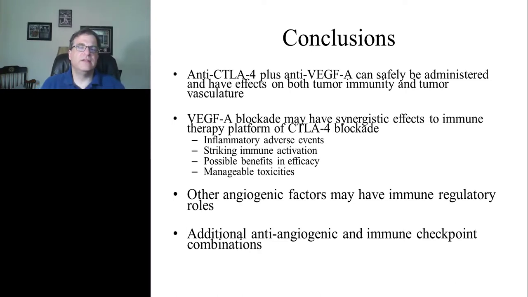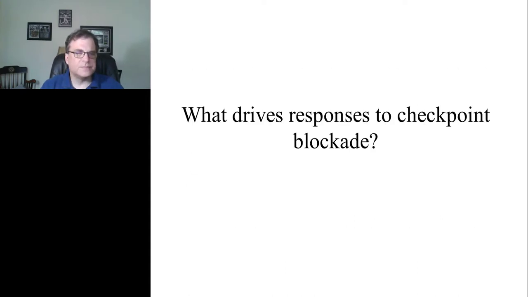Anti-VEGF and anti-CTLA-4 can be safely administered. It may block important things that lead to synergistic effects, probably characterized by inflammatory events, immune activation, and benefits in terms of efficacy. We also need to look at other angiogenic factors that may have important immune regulatory roles and potential combinations for the future.